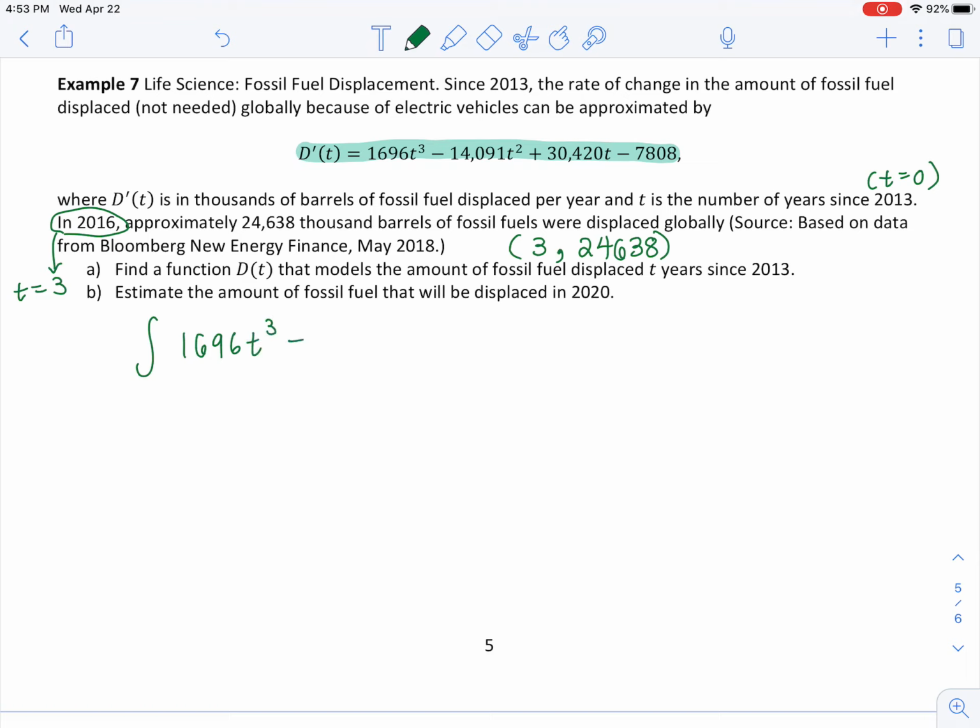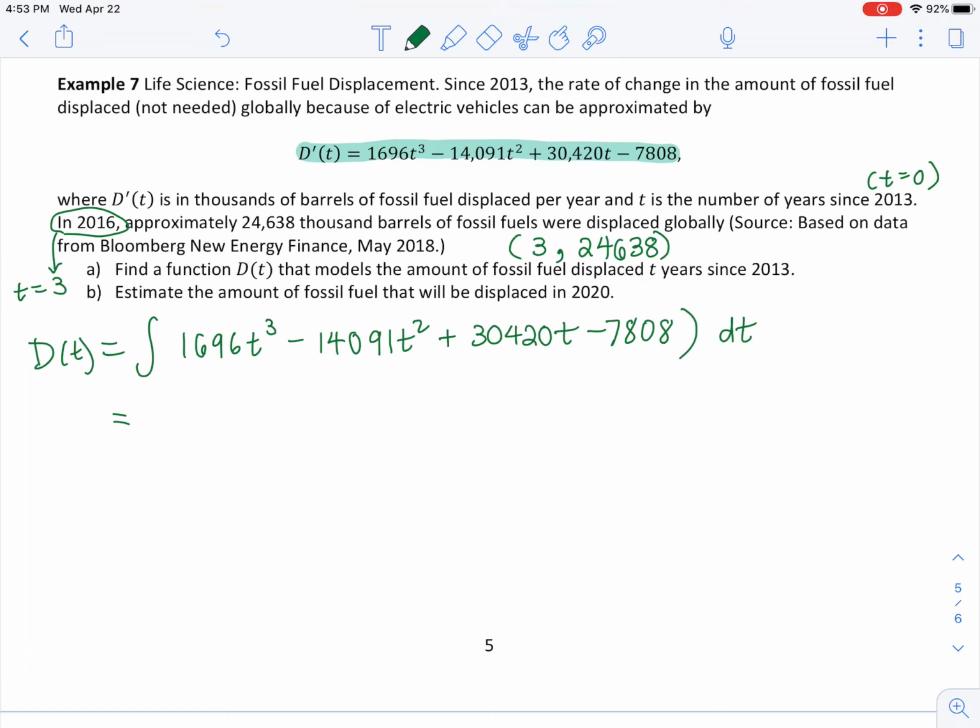Find the function d of t that models the amount of fossil fuel displaced t years since 2013. So let's find the integral of 1696 t to the third power minus, I'm just copying the function down, t squared plus 420t minus 7808. And what do I need to write after that? dt.